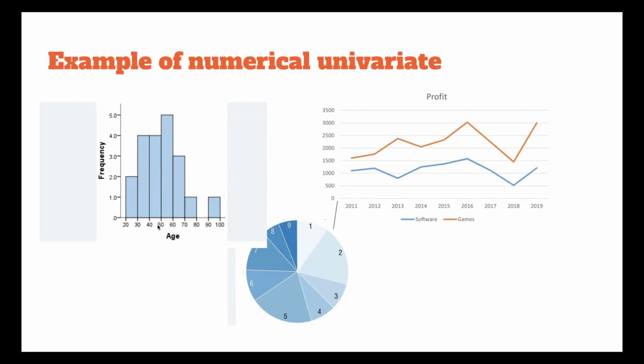So imagine you have a variable called age. This is a histogram, and we'll talk about this more in the next slide. One of the reasons why we do a histogram is to look at the distribution of the data. Ideally, we want our data to be distributed so that it slowly goes up and comes down.